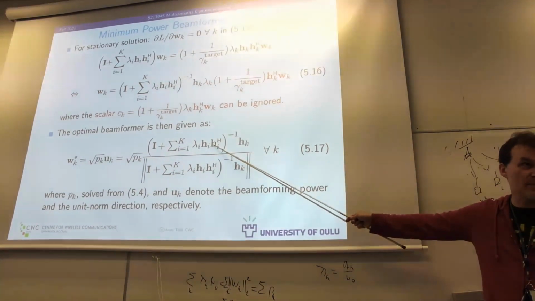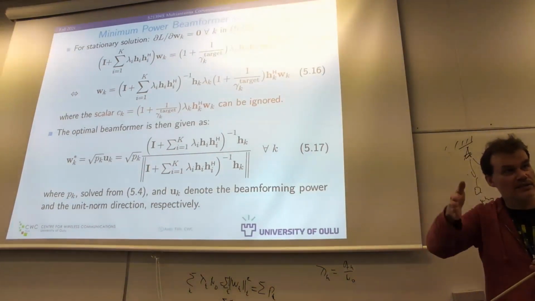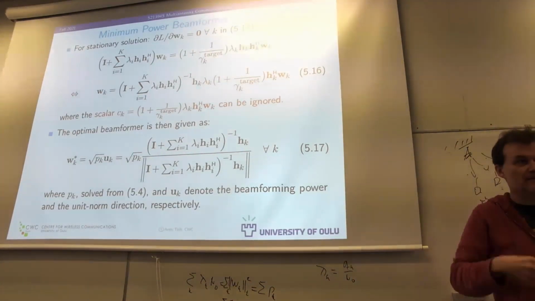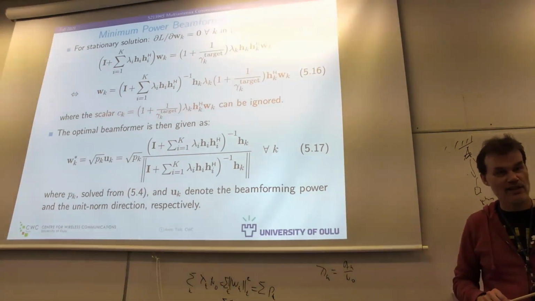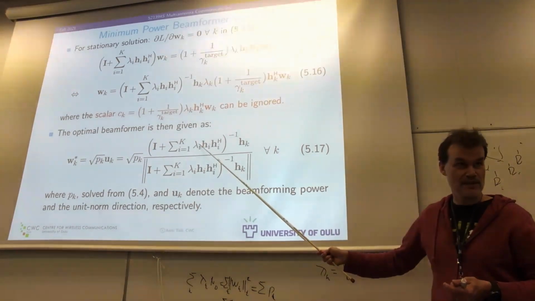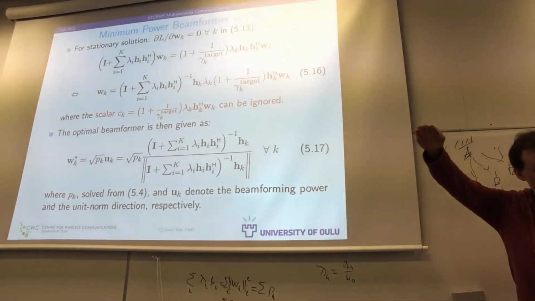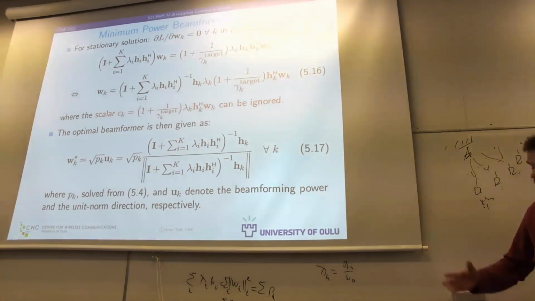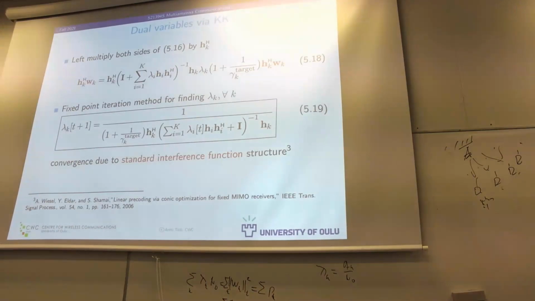The beamformer structure depends only on these lambdas. Lambdas control how much interference you allow between different users. pk is just then the power allocation to meet the SINR targets. They are connected, but not directly. You cannot assign pk here. In uplink, powers are fixed when you compute the uplink receiver. Here we are computing the transmit beamformer. We will actually get back to the relation between the transmit and receive beamformer when we discuss heuristic solutions.